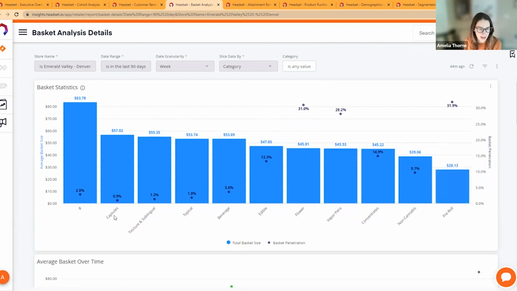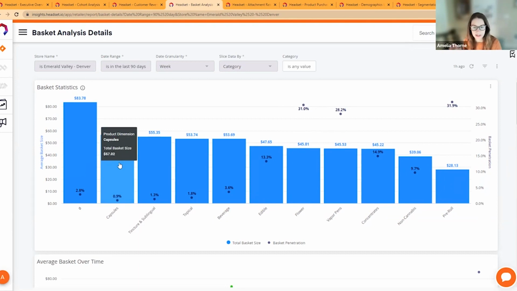However, when we look at capsules and tinctures and topicals, maybe those are a little bit more pricey products. Capsules, only less than 1% of basket penetration, but it brings in almost $57.